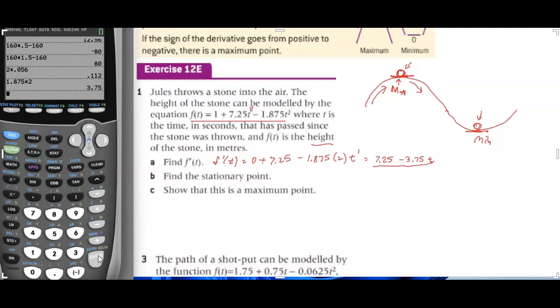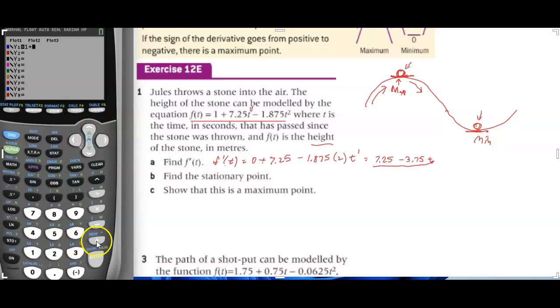Now it says to find the stationary point and then show that this is a maximum point. Okay, so let's put both of these functions in the calculator, shall we? So I'm going to put the original function, which is the height function f, in y1, and then I'm going to put the derivative function in y2.